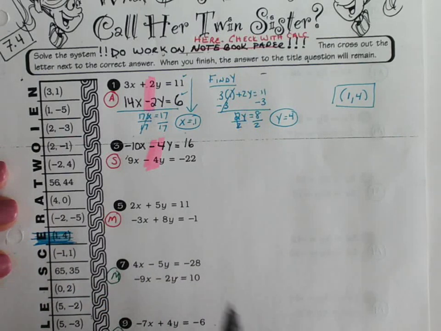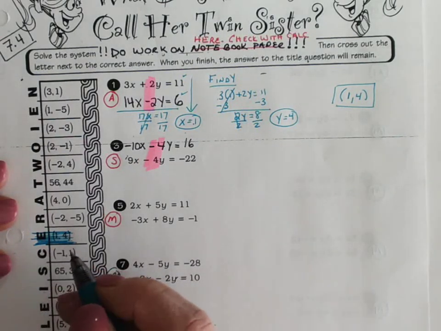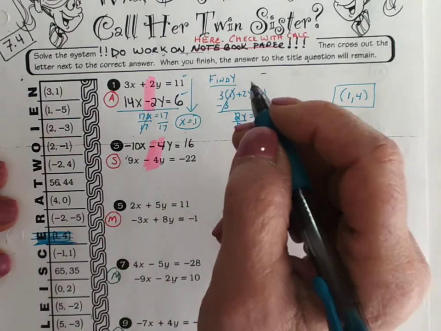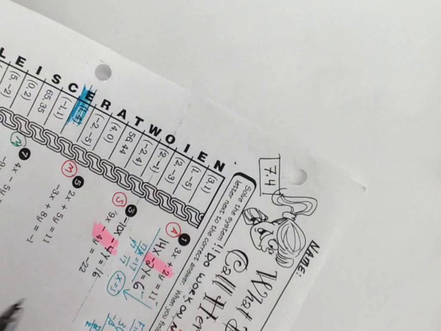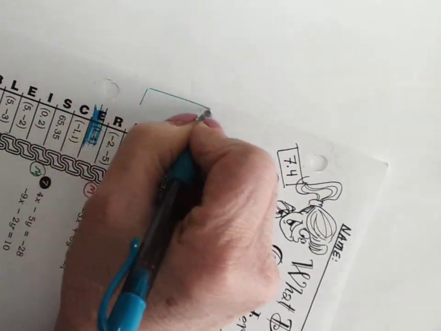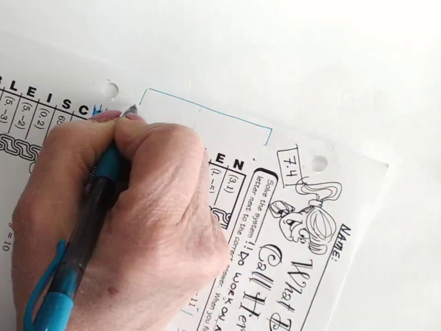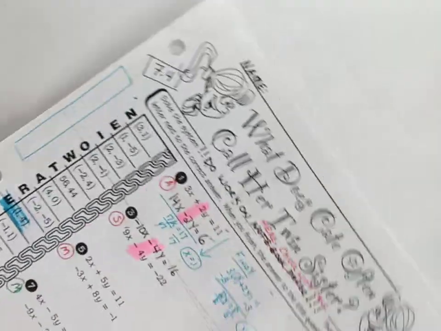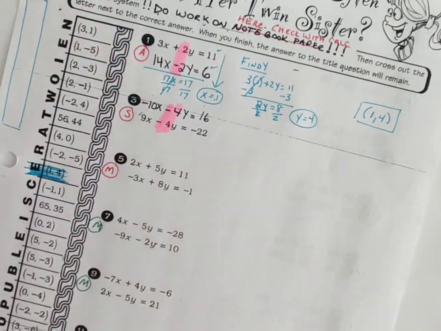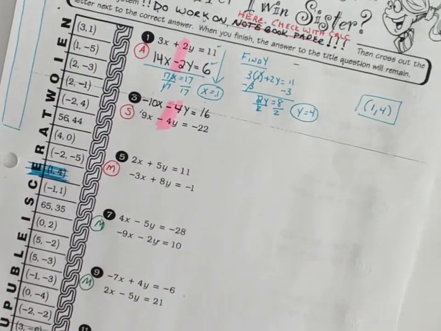And I want you to make sure that you put the answer to this puzzle written out on the side. So there's your answer. And the answer is going to be all the letters that are left.